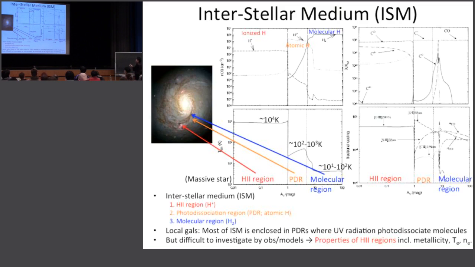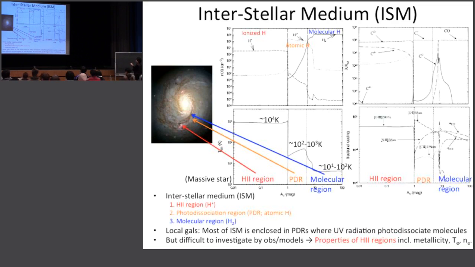In local galaxies, most of the interstellar medium is locked in the photodissociation regions, PDRs, where the UV radiation is leaking in and photodissociating the molecules.